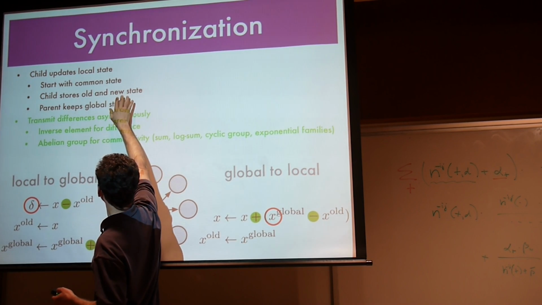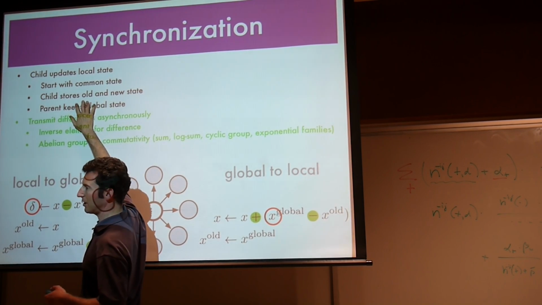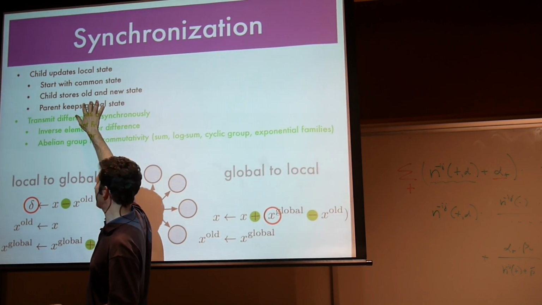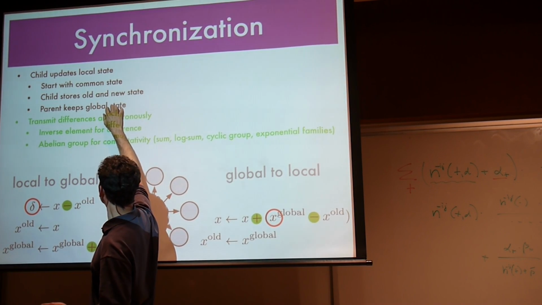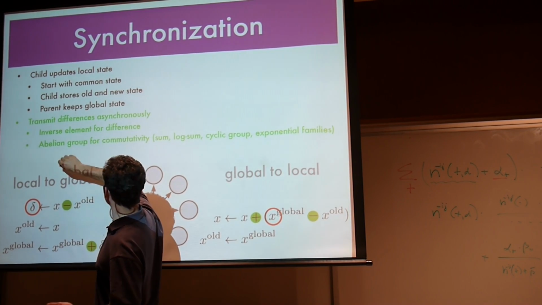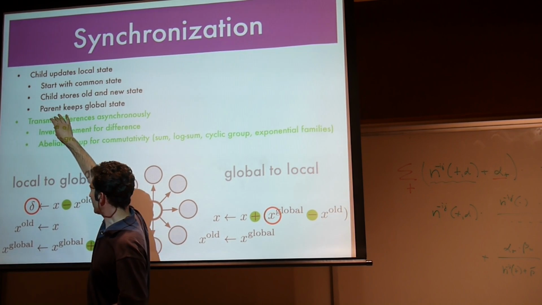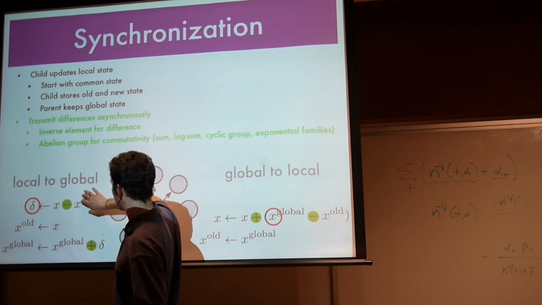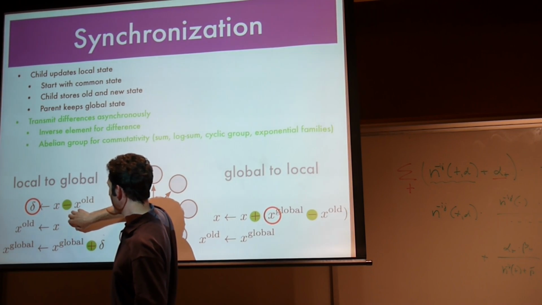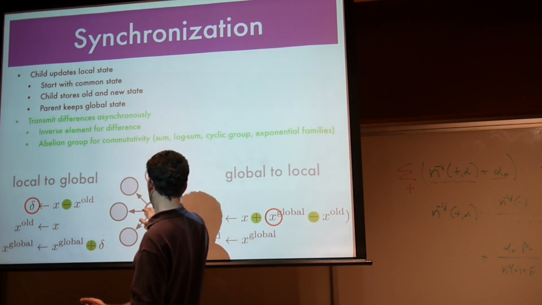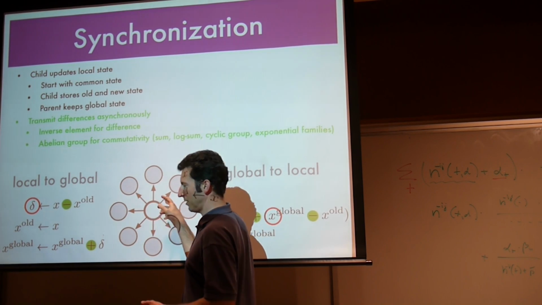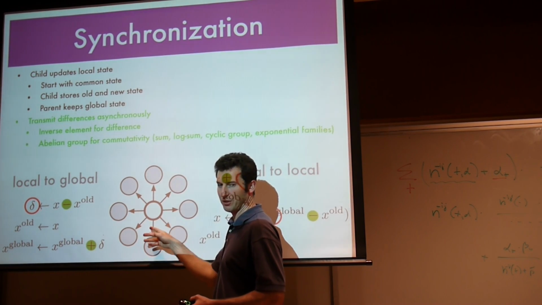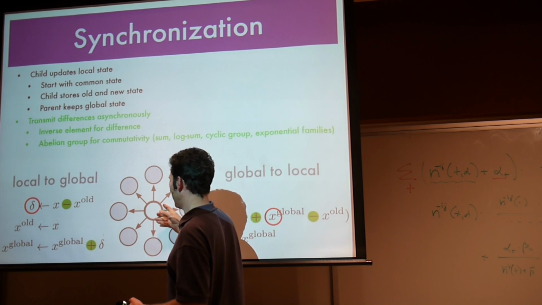You start with some common state, and each child keeps a copy of what the old consensus state was, and keeps on moving along. Then each child sends copies of the differences from local to global. This is my global state keeper, and we'll deal with that hotspot issue in a moment. So bear with me on that.